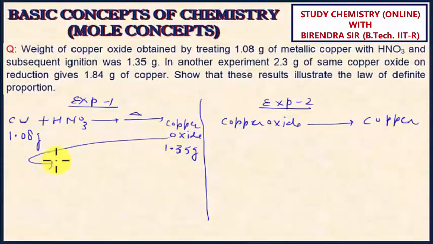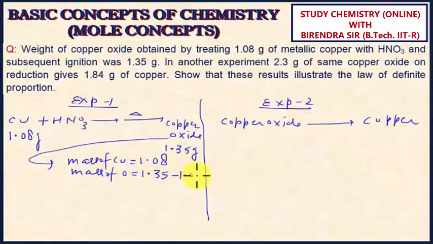So in this copper oxide, the mass of copper will be 1.08. And what will be the mass of oxygen? Copper oxide means copper and oxygen. So mass of oxygen will be 1.35 minus 1.08. If I try to find the percentage of copper in this copper oxide, I will write 1.08 upon 1.35 into 100.